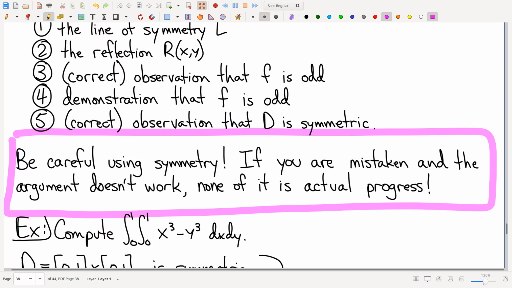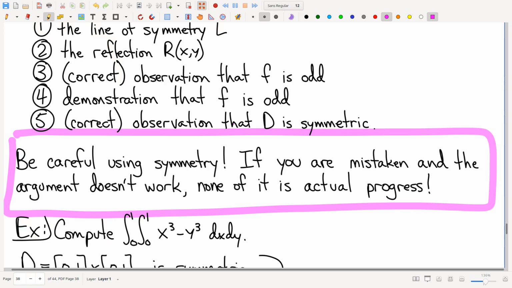Right? So progress toward a symmetry argument that isn't there is not progress toward a solution. It's progress toward a dead end. It doesn't go anywhere. It doesn't actually have anything to do with a valid solution of that problem.